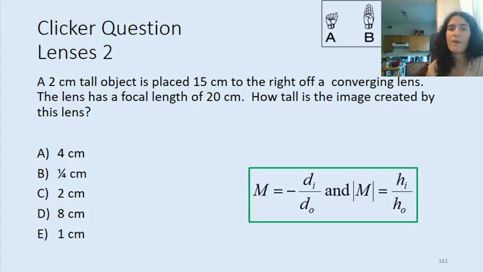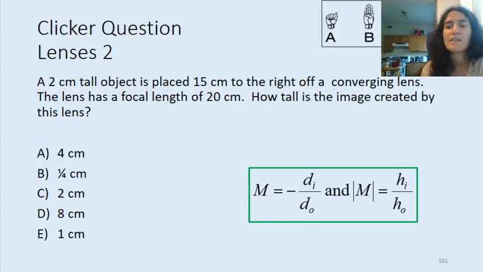So now let's figure out what is the height of the image, right? So how tall is the image? So we know that the image distance is 60, the object distance is 15. So 60 divided by 15 is 4.